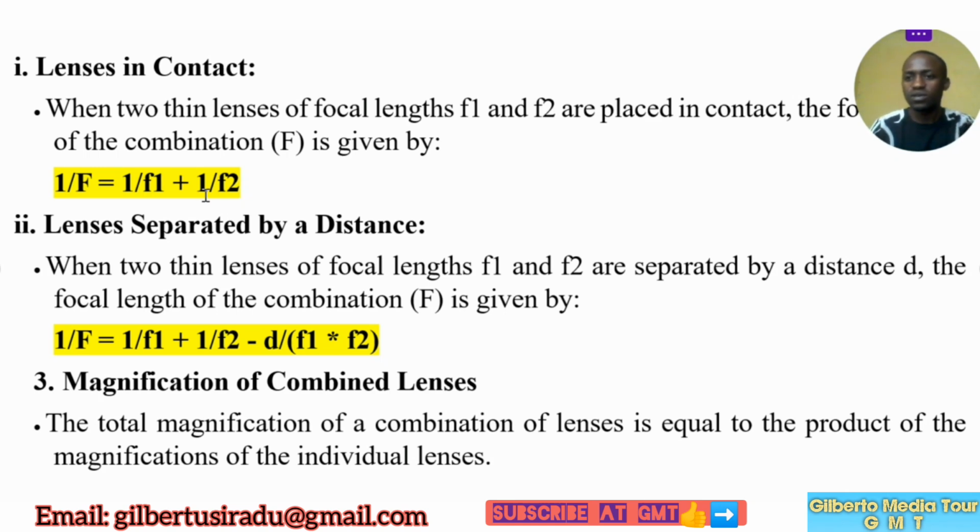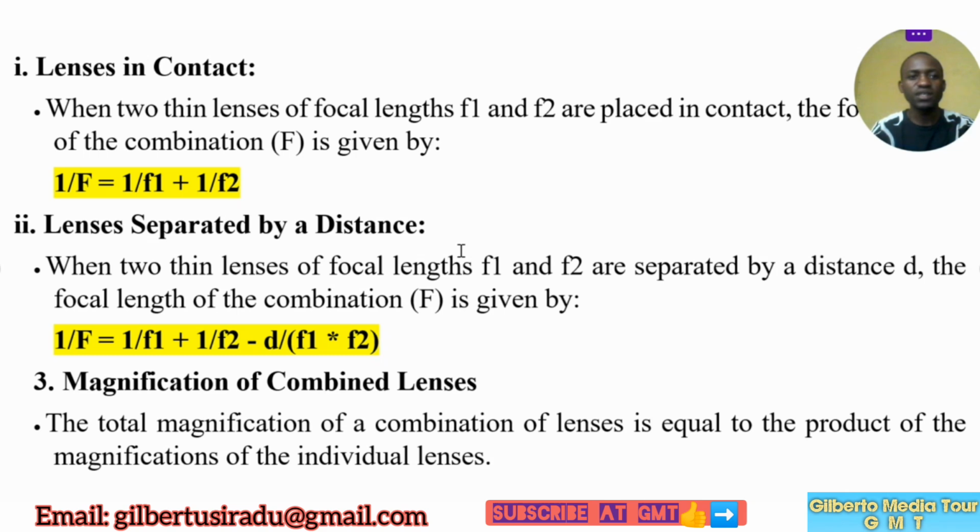The focal length resulting from the combination is given by 1/F = 1/f1 + 1/f2, the inverse of focal length number 1 plus the inverse of focal length number 2. It means the power equals power 1 plus power 2. This is the ability of these lenses.